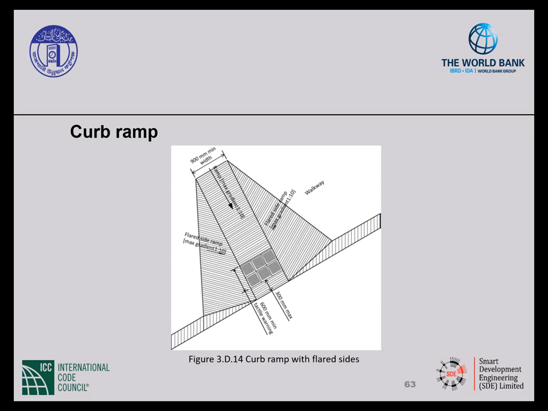There should be detectable warning of contrasting color and texture, complying with section D.29 at the base of the ramp. The size should be minimum 600 millimeters in the direction of travel times the width of the ramp, and located a maximum 300 millimeters from the lowest edge of the slope. The flared sides can slope not greater than 1 in 10.